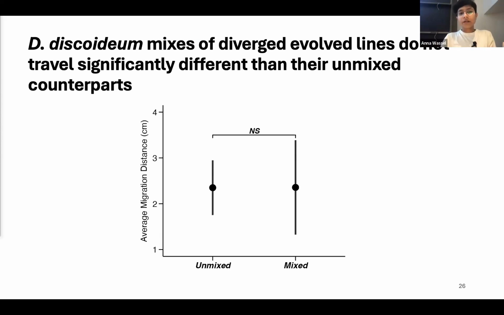So that tells me that there's not that much of a cost of mixing together, either for the evolved Dictyostelium lines, whether they mix with their ancestors or other evolved lines. So it seems that unselected incompatibilities are not really likely in this system.